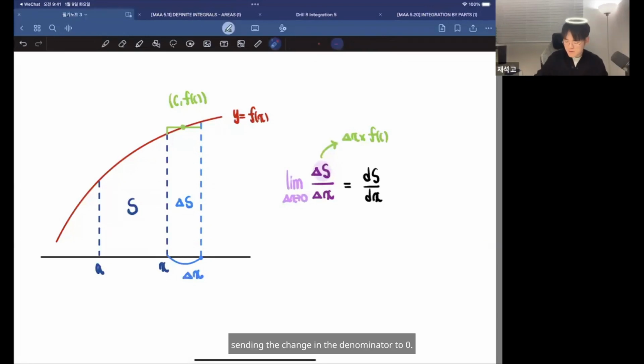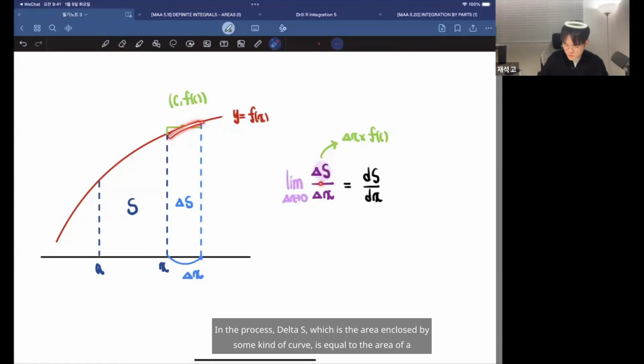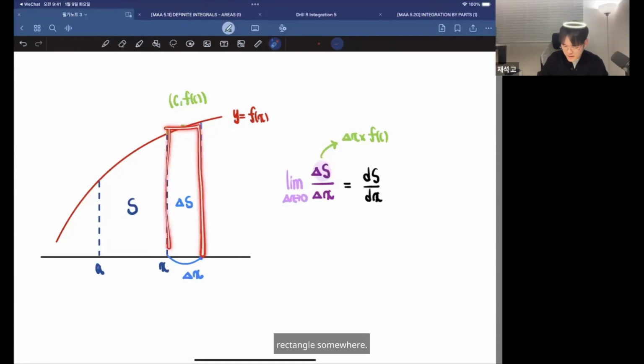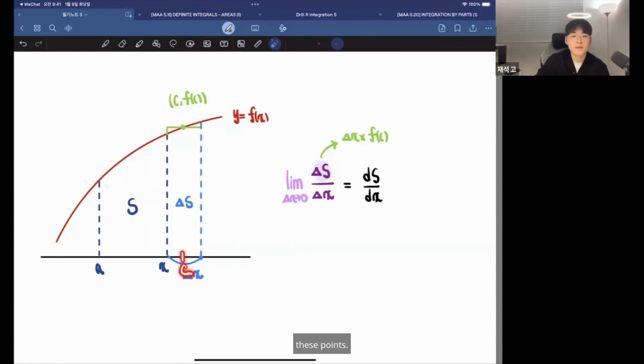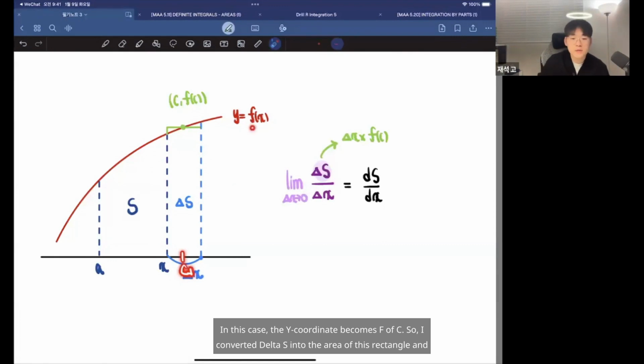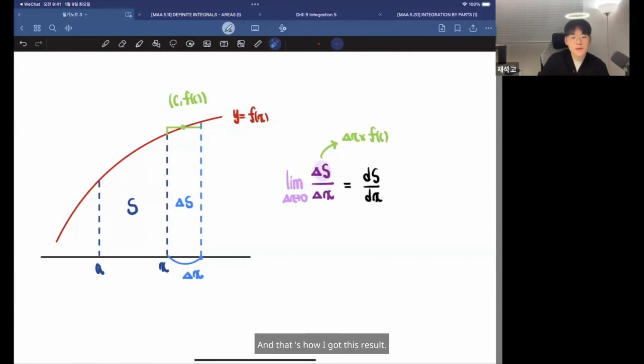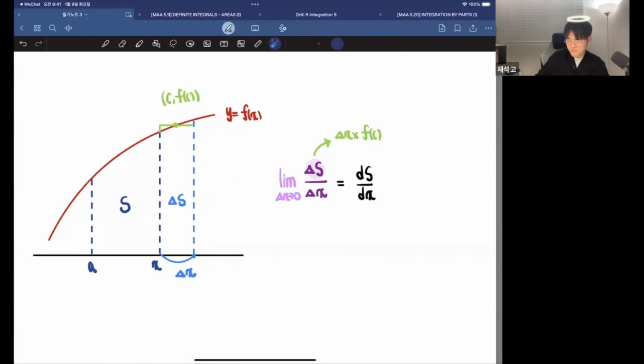In the process, delta S, the area enclosed by the curve, is equal to the area of a rectangle somewhere. I used this fact to determine the x-coordinate, which I called C. C is somewhere between these points, so the y-coordinate becomes f(C). So I converted delta S into the area of this rectangle and used it. And that's how I got this result.